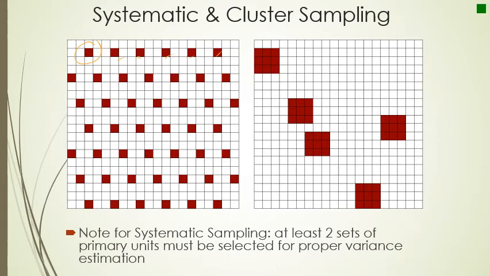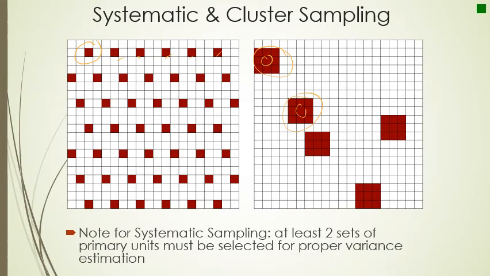On the right, what we've done is we select our center point randomly from our grid, and then we're going to sample every single grid that adjoins that one. So you select this one, and then you sample across all of those. And here you can see logistically this may be easier if it's difficult to get to these locations.